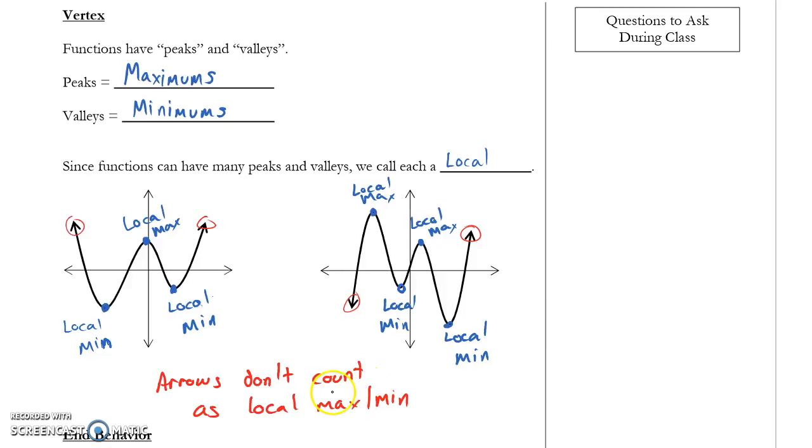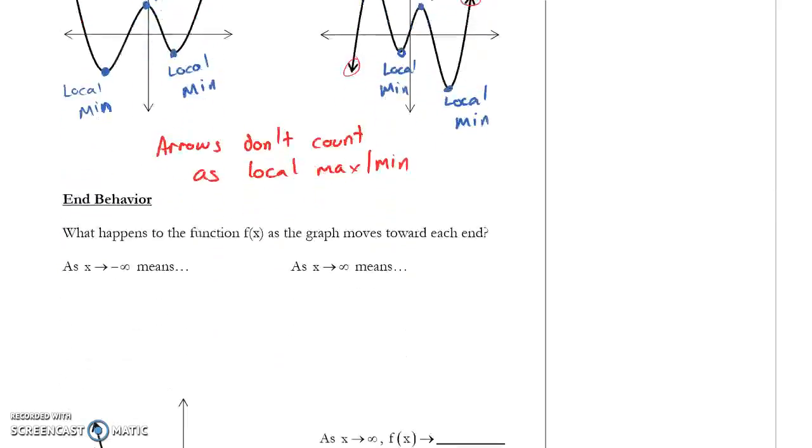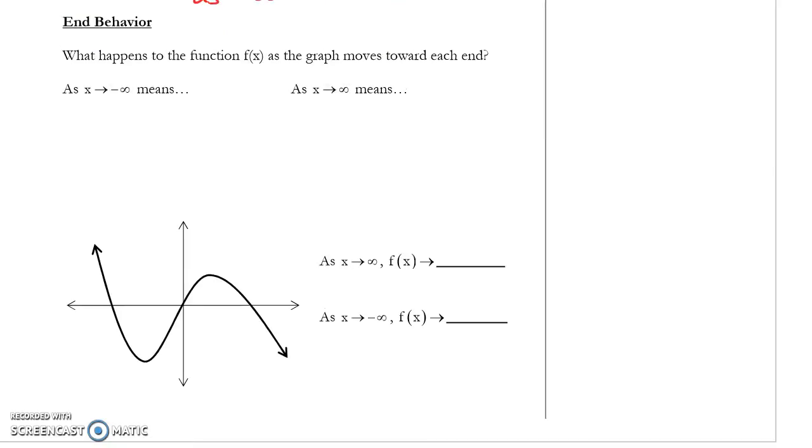So what do those arrows count as? And that's our next section. That's where we get our end behavior. The end behavior is asking, how is the graph ending? What is happening at the end of each graph on both sides? We determine which side we're talking about with these two statements.